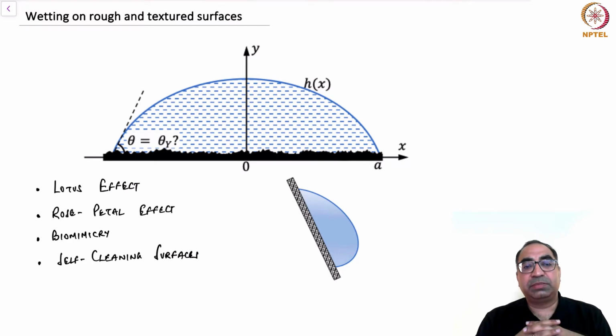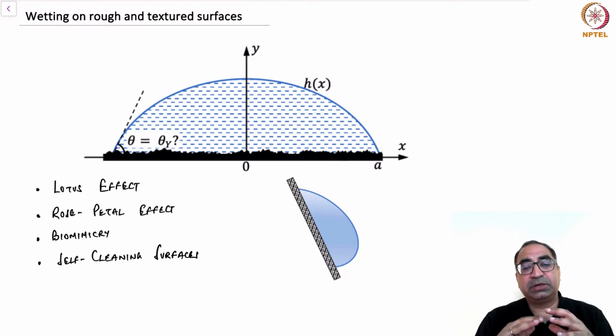Now, it's not necessary that roughness is undesirable. I've given you several examples where roughness is desirable, such as in the lotus leaf or in the water birds. So one needs to understand what's the connection between roughness and contact angle. Why do I talk about contact angle?